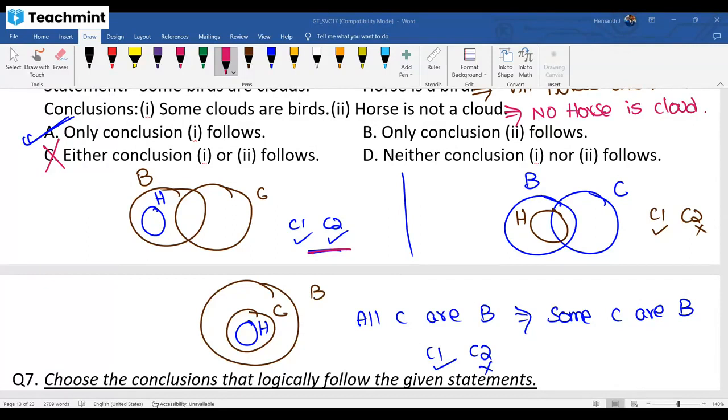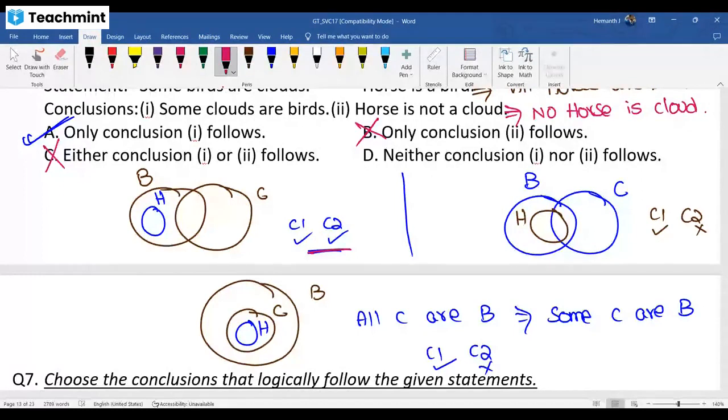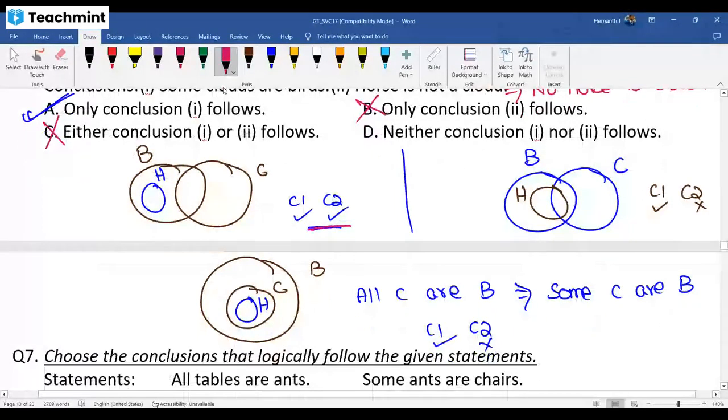Lata, hope you got it now. When you say either or, both being true is not allowed. Here both true happened, so either or is not possible. Clear? Second one failed in this diagram, so I cannot take it. So first one is true in all diagrams, and we can go with the first one.